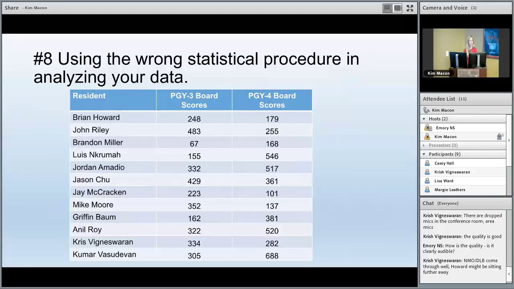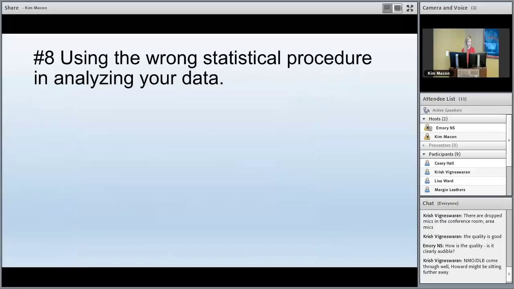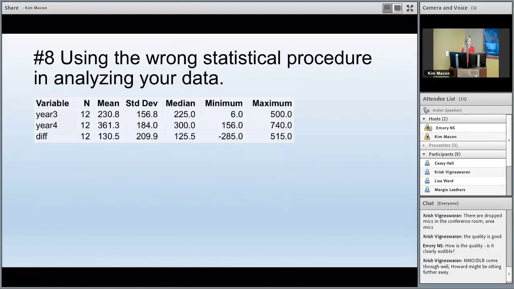You have two measurements taken from the same person. The first measurement is their third-year score, the second measurement is their fourth-year score. We expect a degree of correlation to happen, right? How you respond on your third year, you hope that correlates somewhat with how you do your fourth year. So let's look at the data.